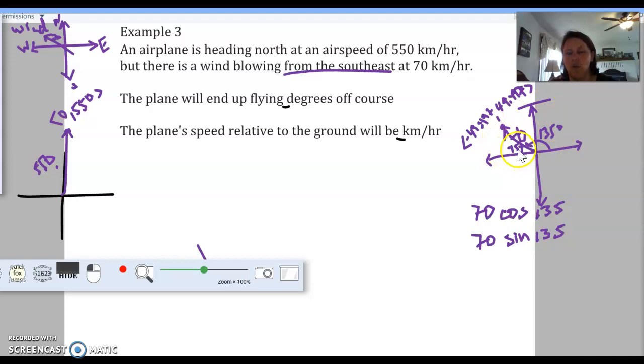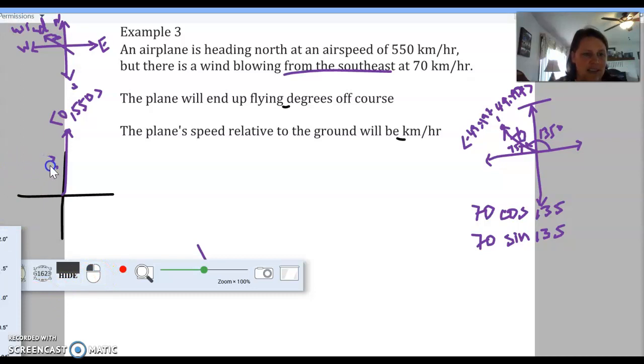Now we need to know what happens when we apply that wind to our airplane. Okay, so let's come back over here. Let's put the wind in red. I'm going to erase my numbers again because that's going to be in my way. All right, now I am going to apply this wind vector to my airplane. So we're going to come out here to the end of our airplane. We're adding these vectors on.